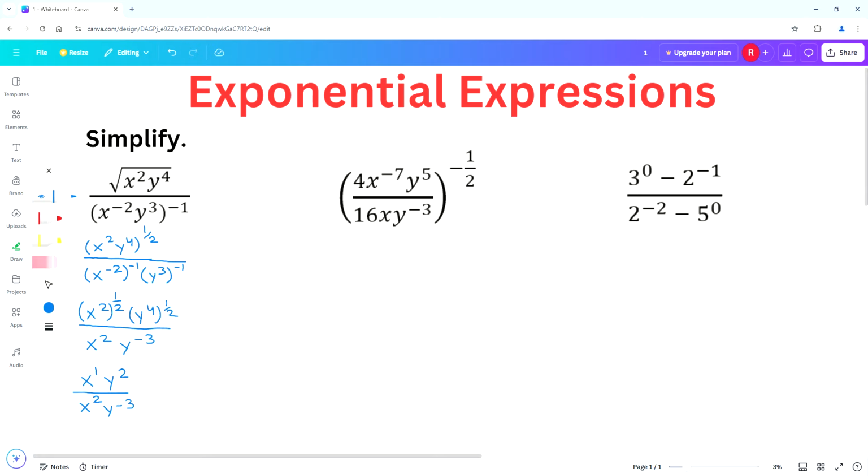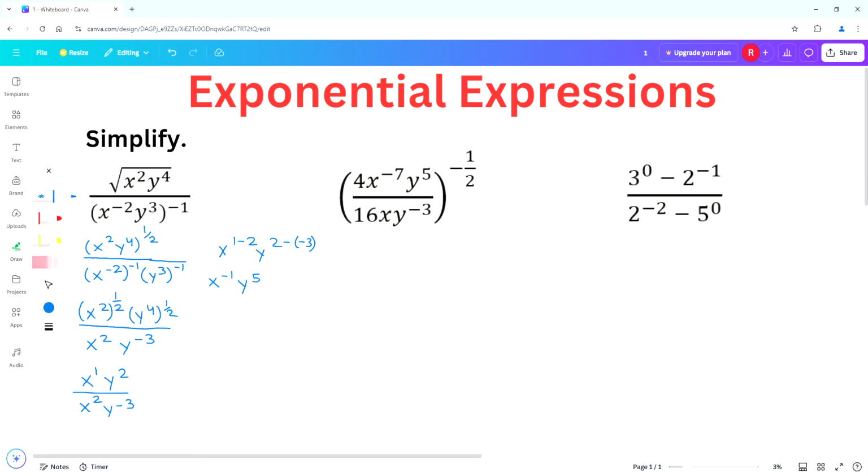Next, we can combine the x and the y terms using the quotient law of exponents. We should subtract the exponents on x and y terms. We cannot have a negative exponent on a term in the final answer.